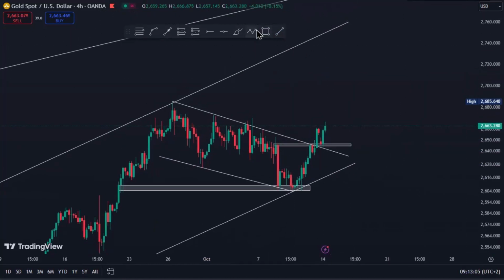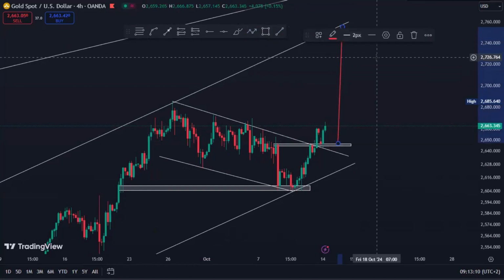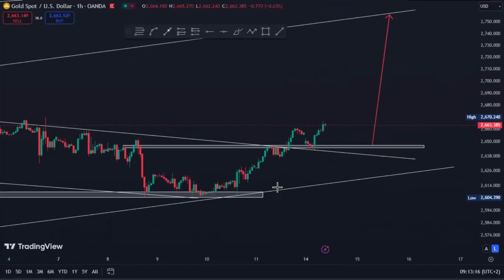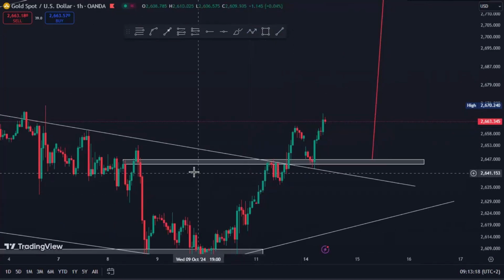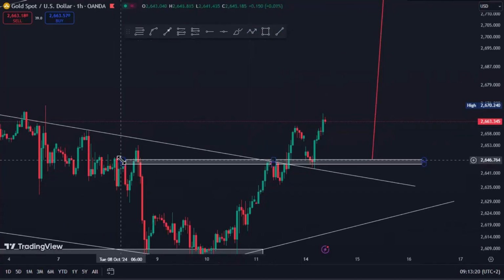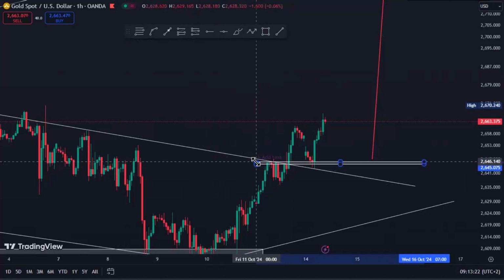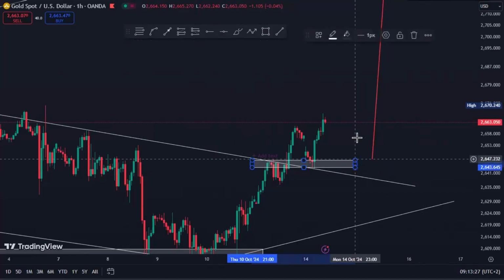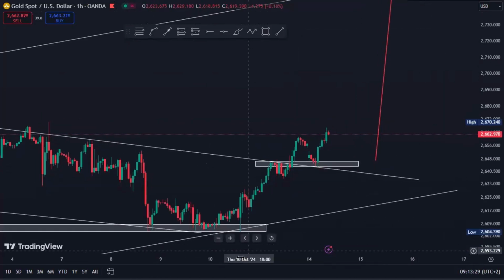And then meaning from here, we're pushing up to there. Right. So let's go to H1 and see how you can take a entry, because now we know that the market is going up. We know that. It's a matter of getting an entry now.